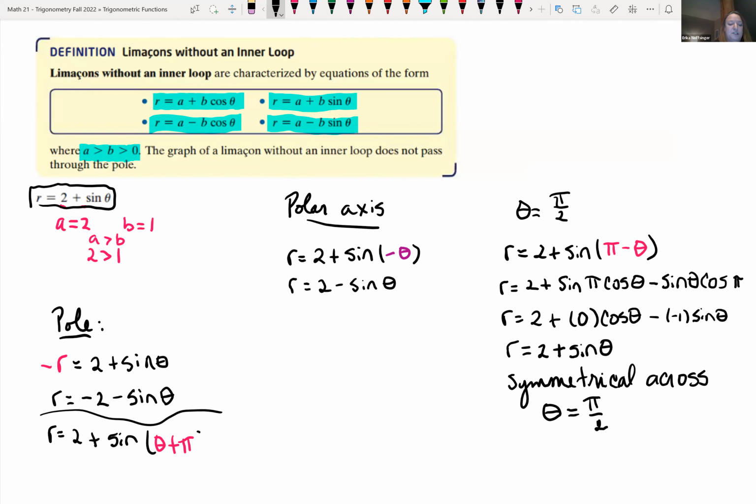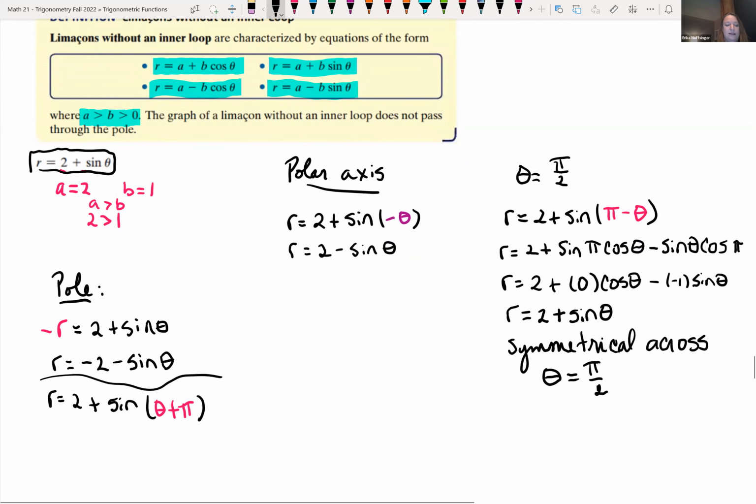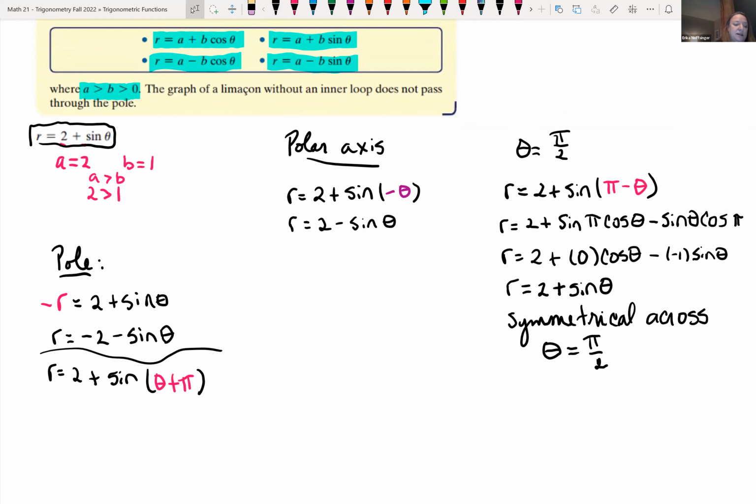So I have a sum of two angles, and I could rewrite this using the sum of two angles for sine. So I have 2 plus, so this would give me sine of theta, cosine of pi, same sign, plus sine of pi, cosine of theta.